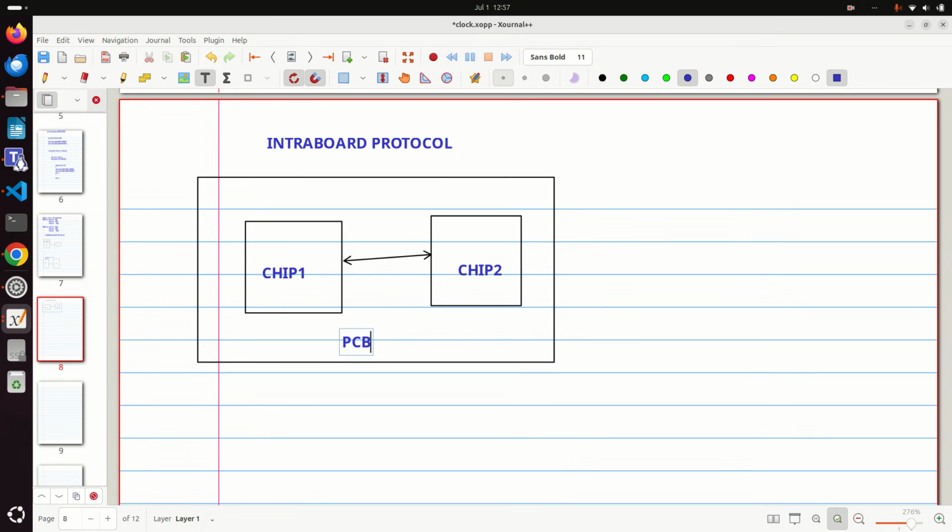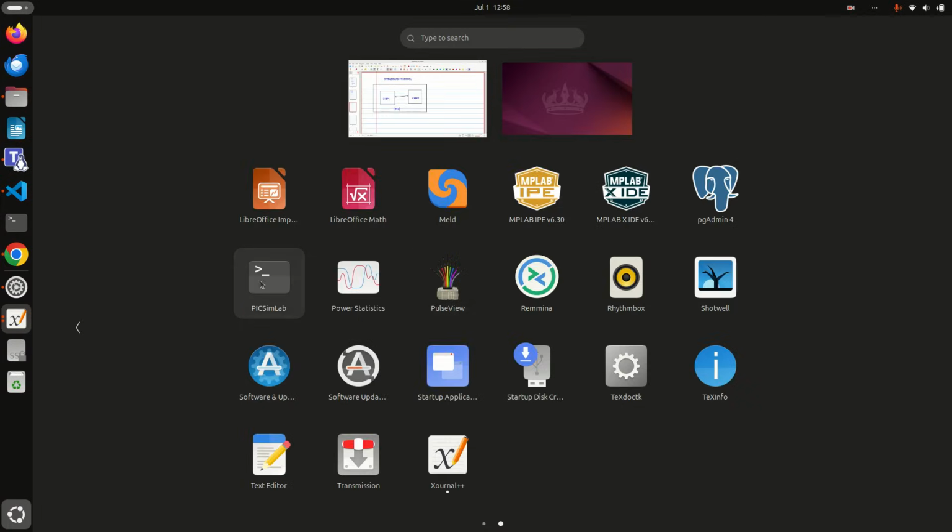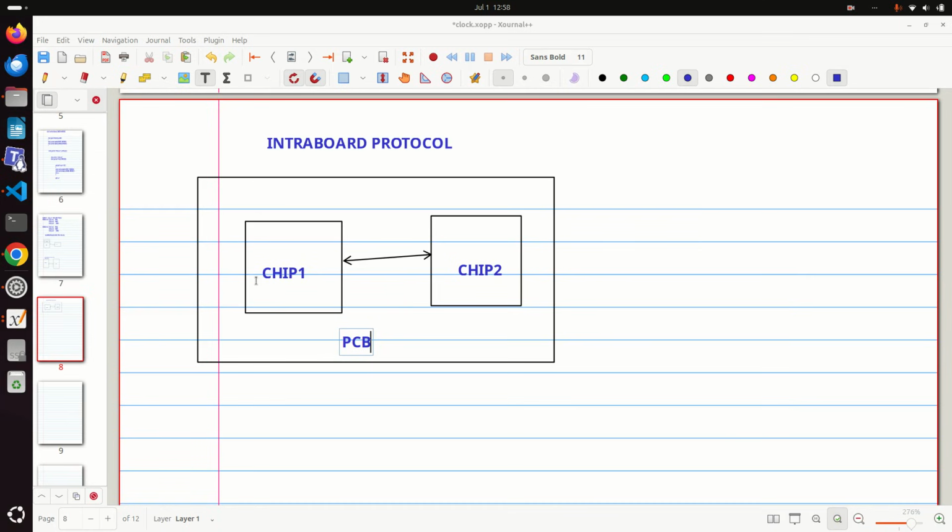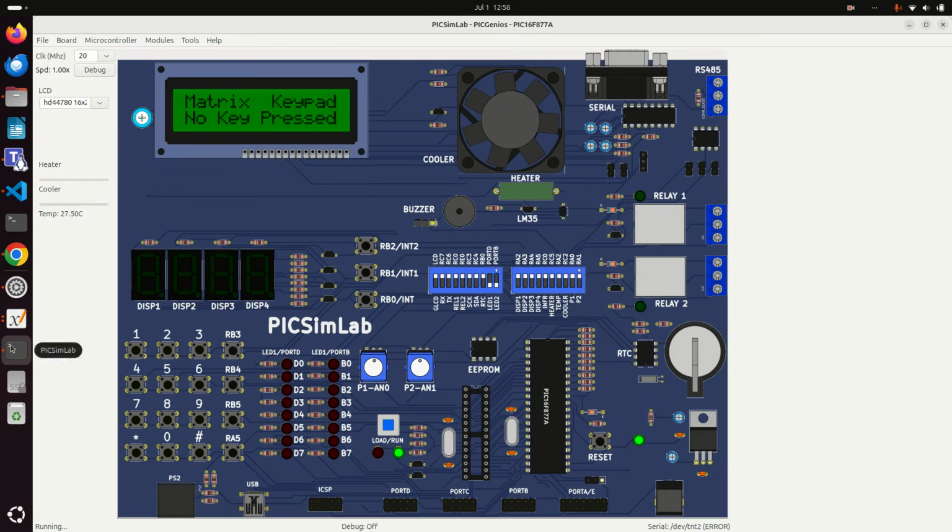For example, SPI, I2C, these are the intraboard protocols. Now we have PIC microcontroller, isn't it? So PICSimLab. Here we have a board.